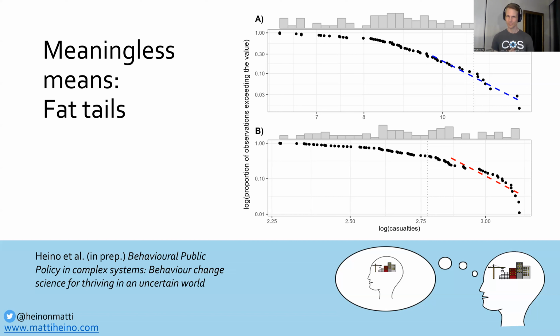Whereas with the fat-tailed variable, with pandemics, for example, or cybercrime or terrorist attacks and so forth, the extreme event that we should expect is even larger than the most extreme event that we have seen thus far.